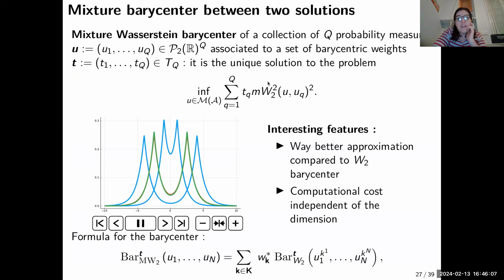I forgot to mention, you can define in a very similar way some modified Wasserstein barycenters, as barycenters with respect to this modified Wasserstein metric. In exactly the same way as you would define the Wasserstein barycenter with the exact Wasserstein metric.